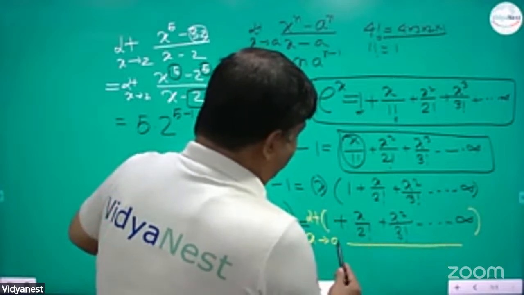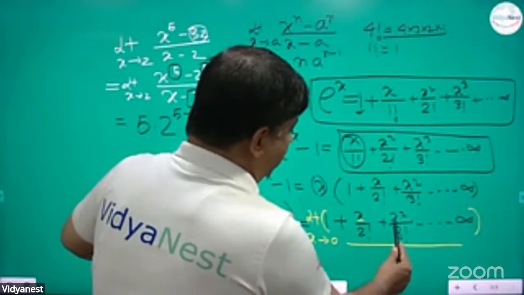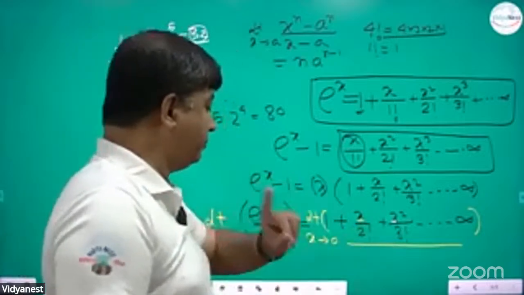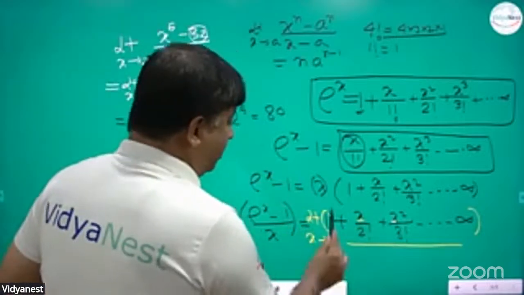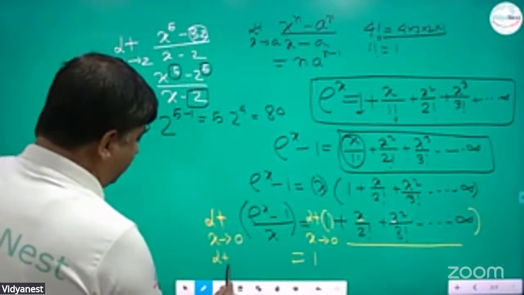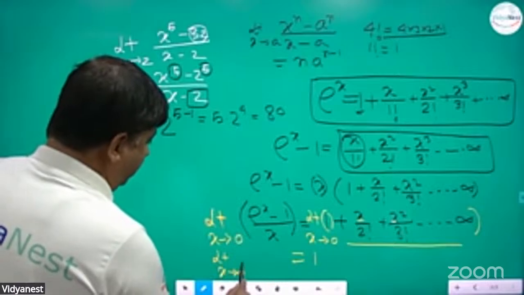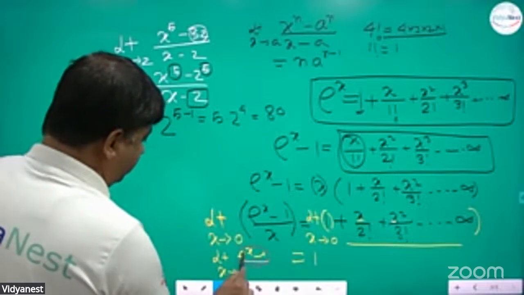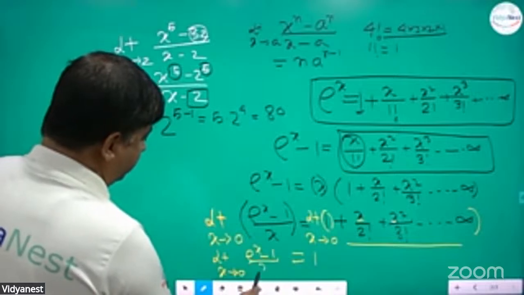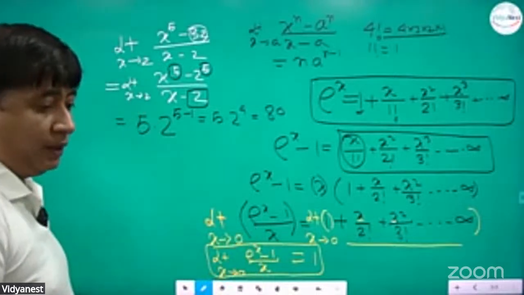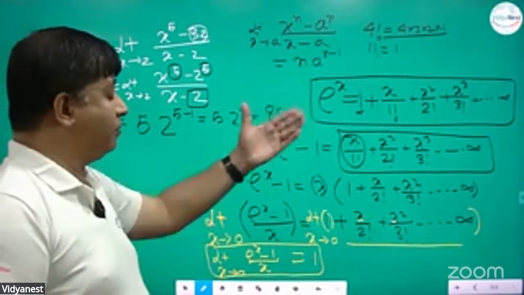So, if I put x is equal to 0, will that give you any undefined value? No. So, put 0. So, what will be left? Only 1. So, we have got a new formula: limit x tends to 0, e to the power x minus 1 by x is equal to 1. Okay, another formula we have got.